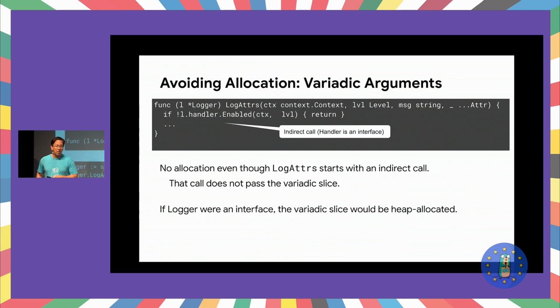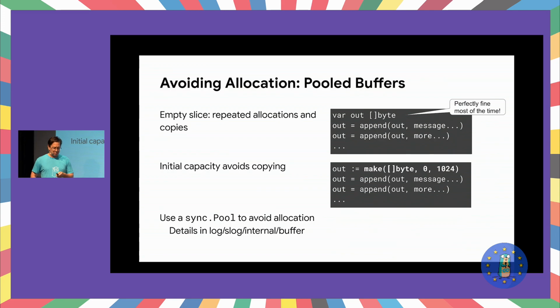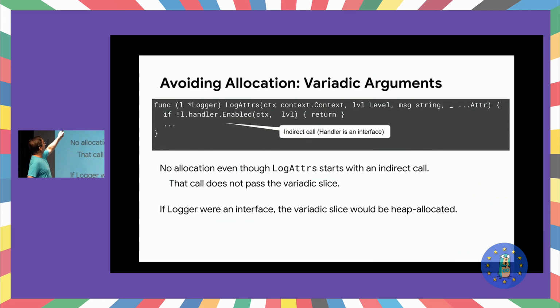And that's true even though the first thing that log adders does is an indirect call. Handler is an interface, so handler.Enabled is an indirect call. But that doesn't bother escape analysis because we're not passing that variadic argument to that call. It doesn't affect the analysis of that argument.